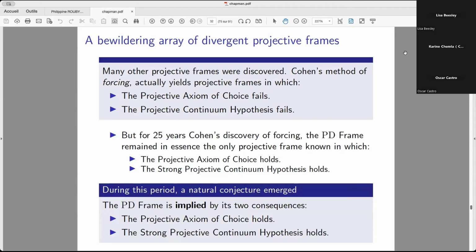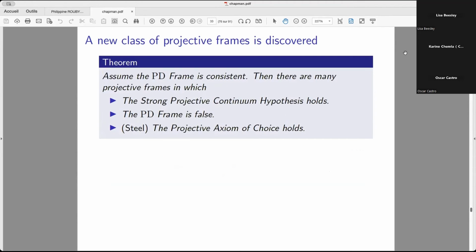And so a conjecture emerged that the PD frame is the only frame where you have both the projective axiom of choice and the strong projective continuum hypothesis. So that started to look like maybe there's something promising happening. But then a new class of projective frames was discovered, in which the strong projective continuum hypothesis holds, the PD frame is false, and the projective axiom of choice holds. The conjecture is false.